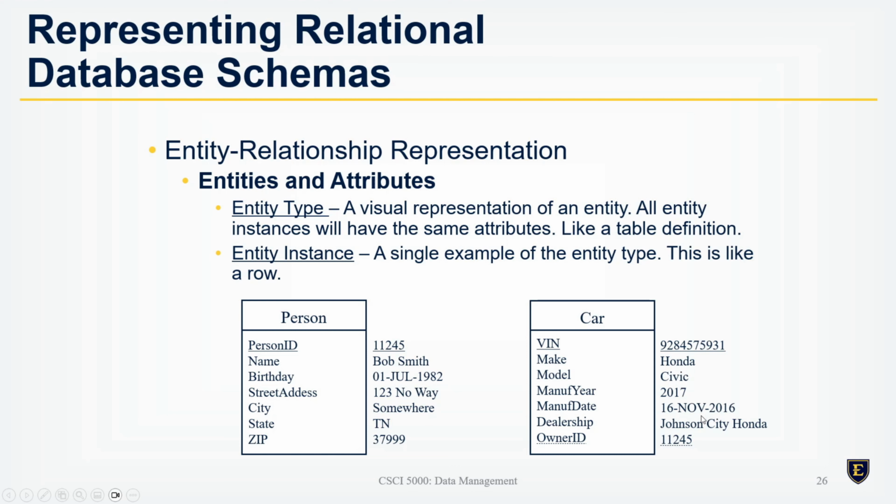It was manufactured on November 16th, 2016. It was purchased at Johnson City Honda, and the owner ID is 11245. If we look that up in the person table, we see that the owner of this Honda Civic is Bob Smith. So this data is related through this foreign key relationship from owner ID that points over to person's person ID.